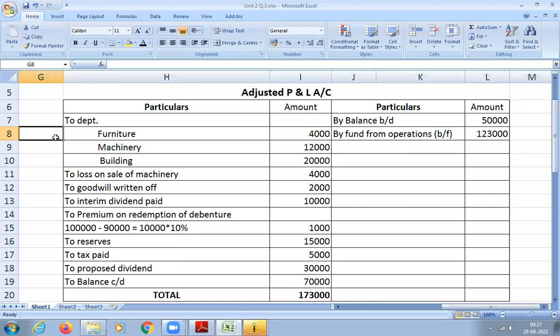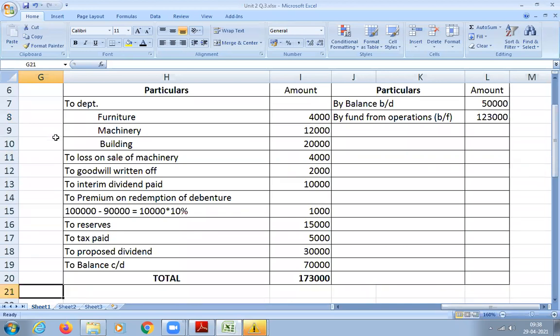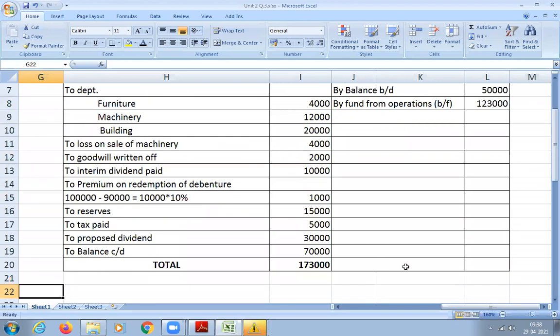Clear? So we got fund from operation. Where do you write this fund from operation next? That will come in your fund flow statement under the heading sources of fund. Clear, students? Now we'll get the same total on the credit side also. That will be 1,75,000 on both sides.